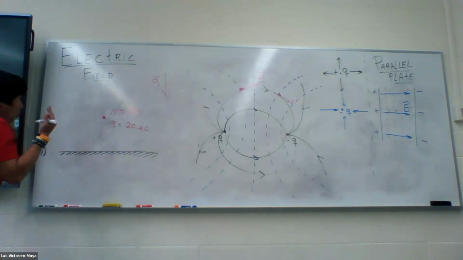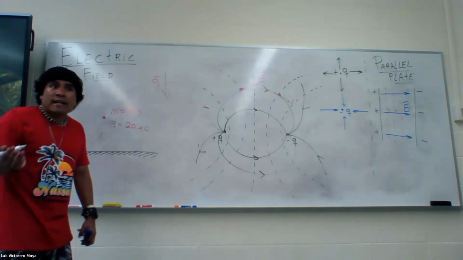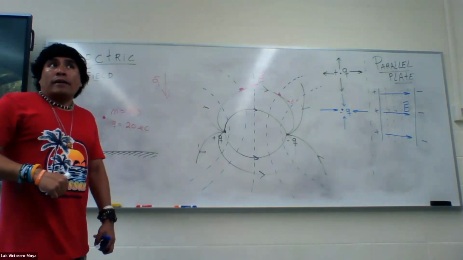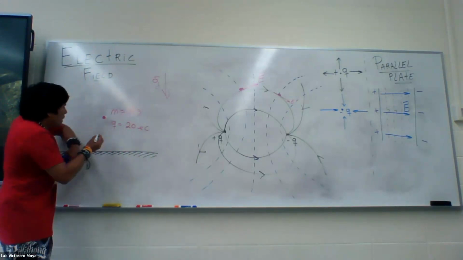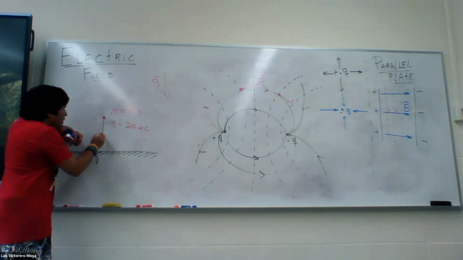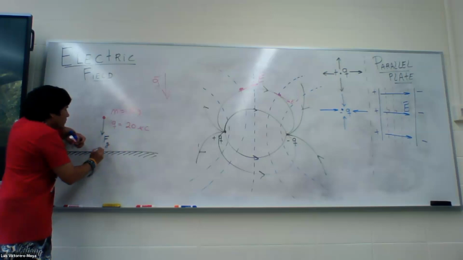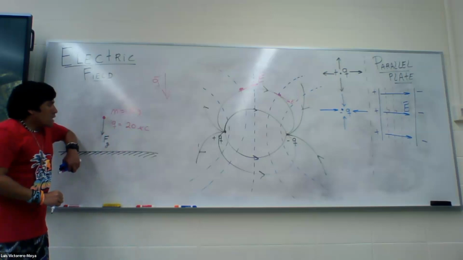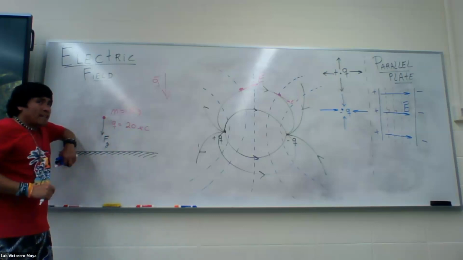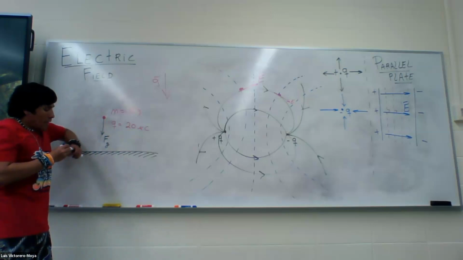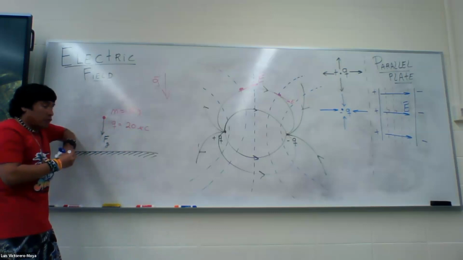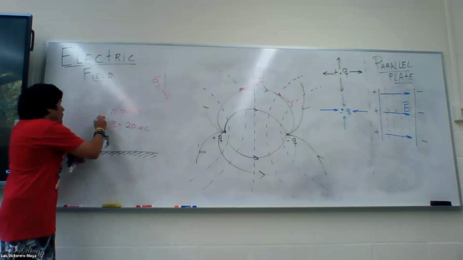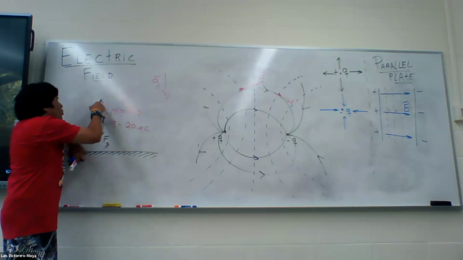Look, what you need to do is think about the forces acting on this object. One of them is the force of gravity, the weight. So if you want this object to be in equilibrium, there needs to be a force acting upwards. And what force would that be?